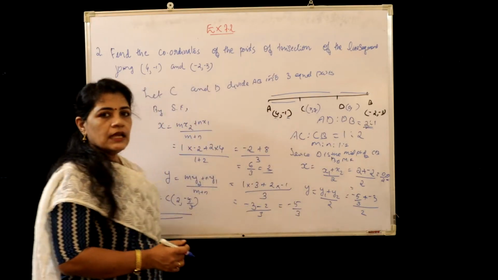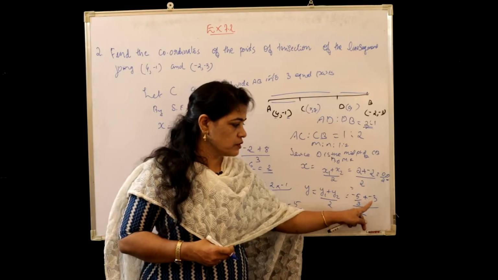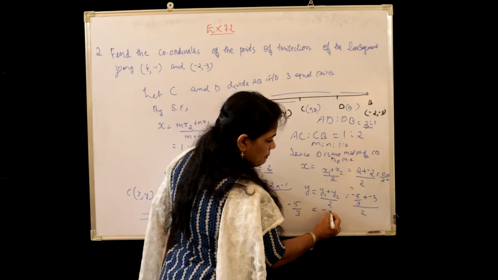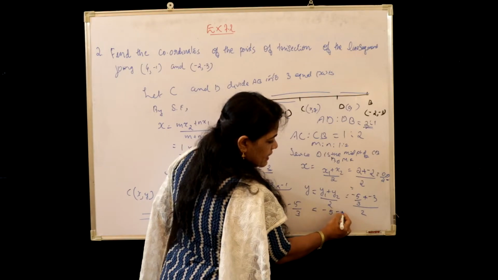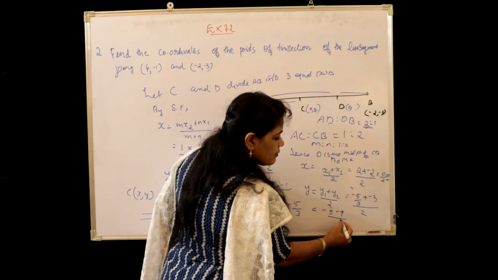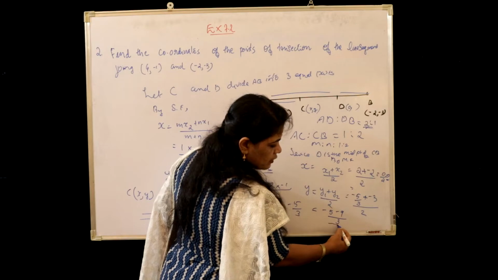Here the fraction comes, so for the multiplication and addition you have to cross multiply. So you will have minus 5 minus 9, 3 into minus 3 minus 9, divided by 3, and under this division we have 2.